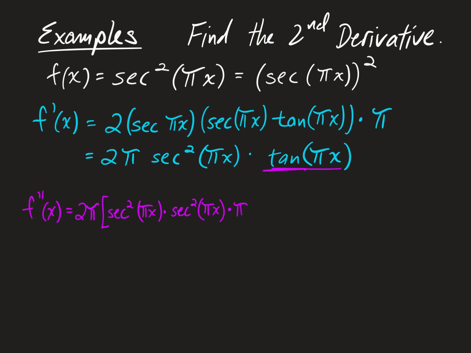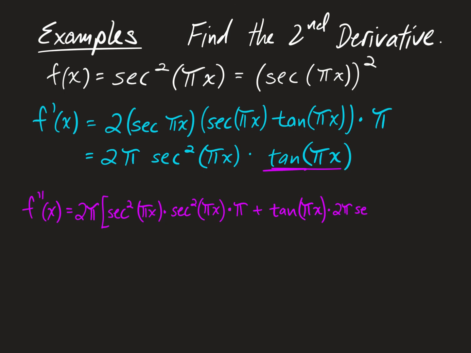So that is the first half of this product rule. The second half of this product rule is the second function times the derivative of the first. So that would be times, remember we said this is the derivative of secant squared pi x. That's what we're taking the derivative of again. So at least we already know what it is.